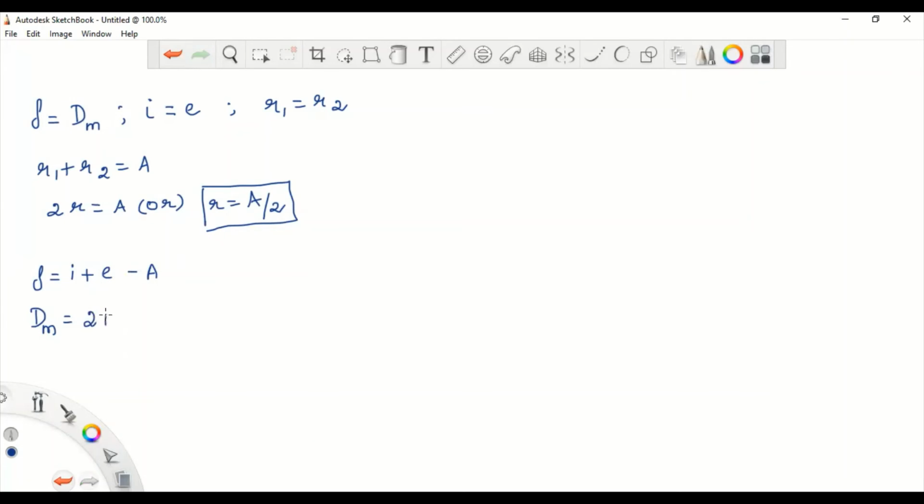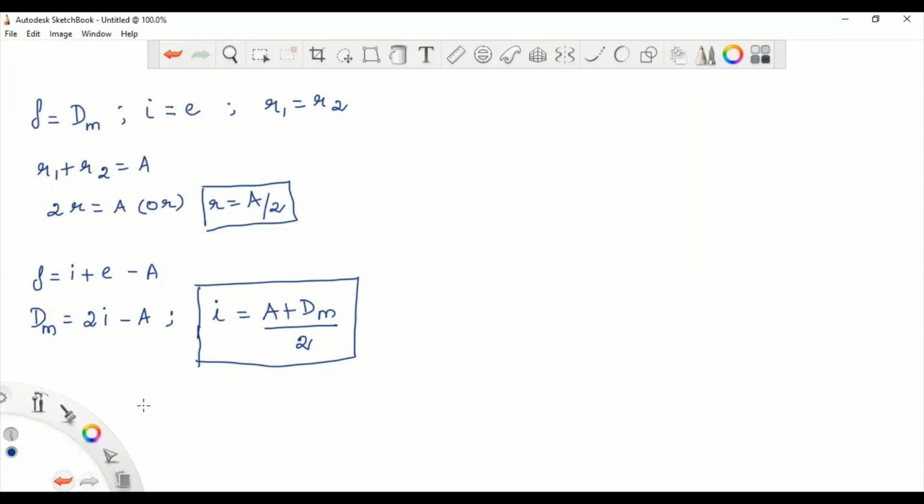So can you write it as 2I minus A, or you can write I is equal to A plus dm, that is minimum deviation, divided by 2. Okay, so again this is very, very important. So we got R is equal to A by 2 and I is equal to A plus dm divided by 2. So what is our aim now?